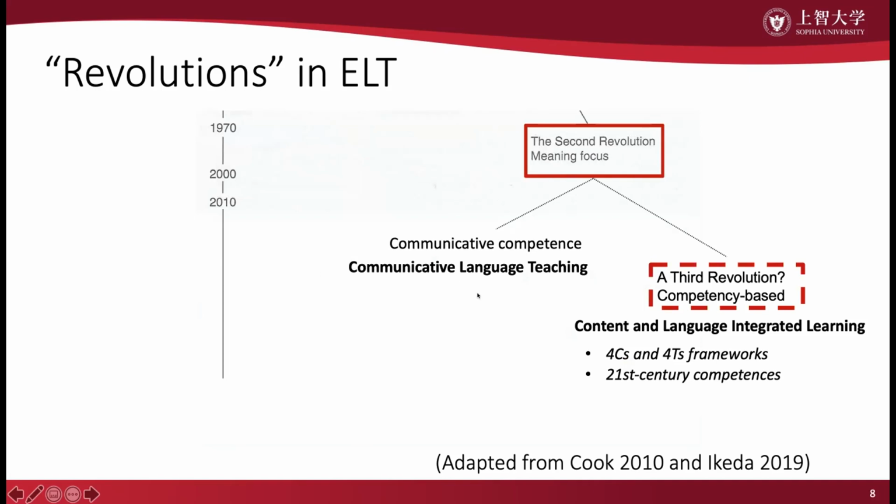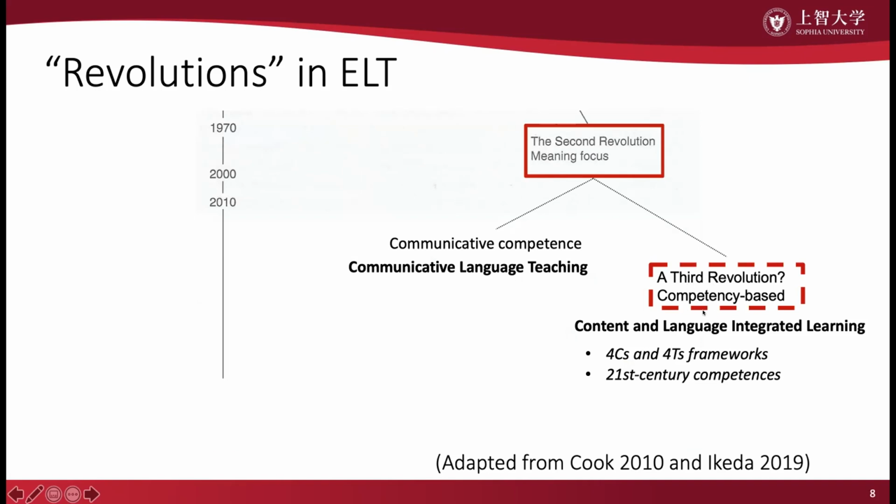In the weak version of CLT, a typical pattern is PPP, or presentation, practice, and production. I'm sure you've all seen this many times, but there's still an emphasis on grammar and vocabulary, and it often only uses lower order thinking skills, meaning that students don't need to think, and nothing new is being learned in terms of content.